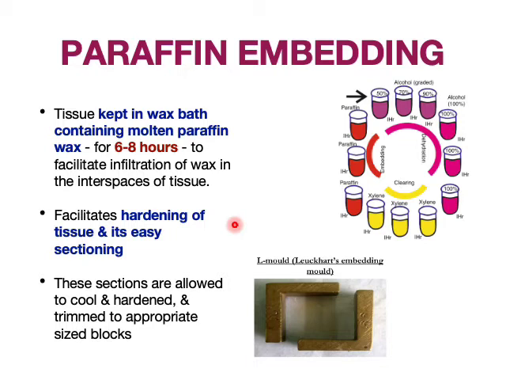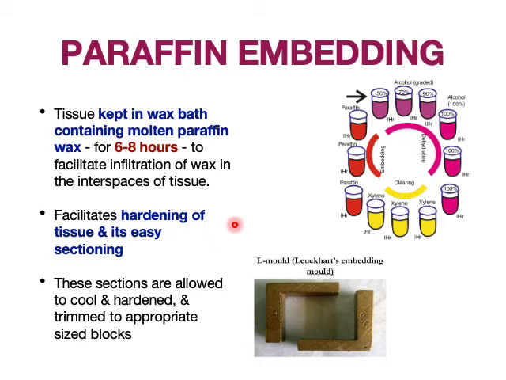Within the molten paraffin wax, we have to keep the tissue for 6 to 8 hours so that the wax will infiltrate the interspaces of the tissue where you had removed the alcohol and water. Those spaces will be impregnated with the paraffin wax so that after drying it will become hardened.